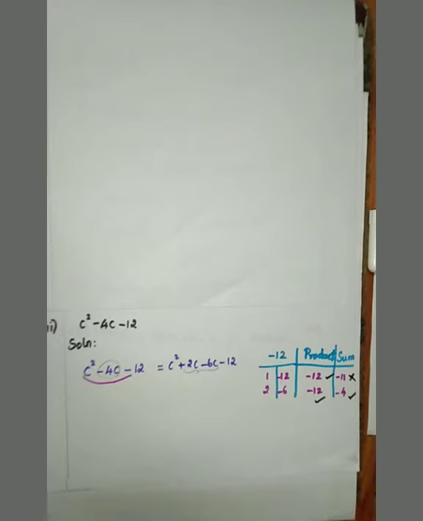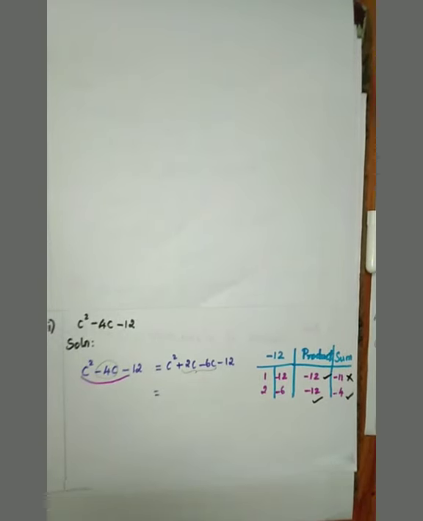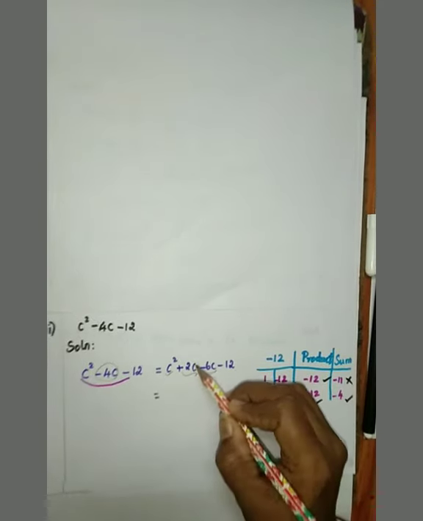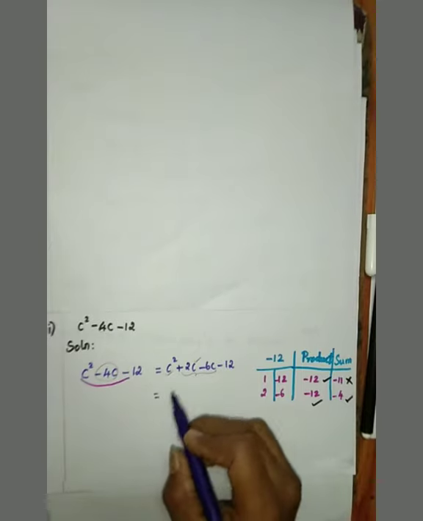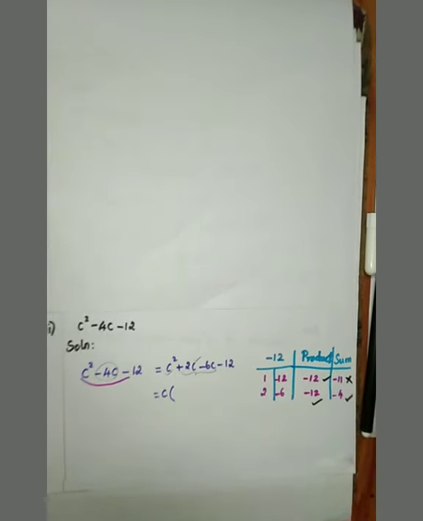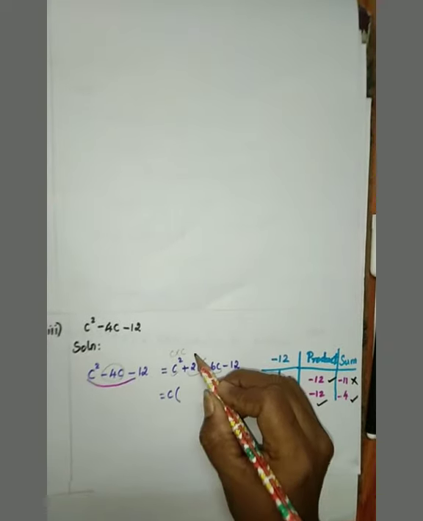Now we are going to apply grouping of the terms. From the first two terms we can take c as a common term. When you are taking c as a common term, c square means it can be written as c into c. Here 2 into c.